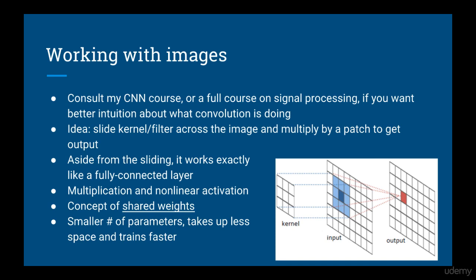Aside from this sliding, it works exactly the same as a fully connected layer, meaning all we do is multiplication and then eventually pass it through a nonlinear activation function. Having a small filter like this means that every part of the original image uses the same shared weights. Shared weights allow us to have a model with a much smaller number of parameters, which means it takes up less space and trains faster.